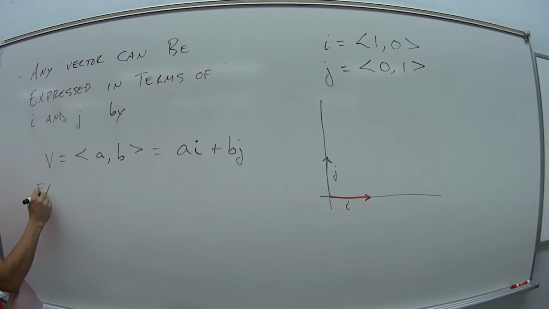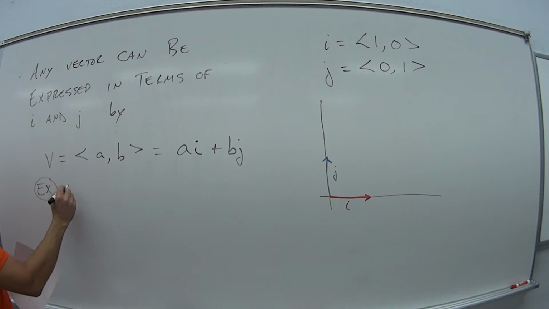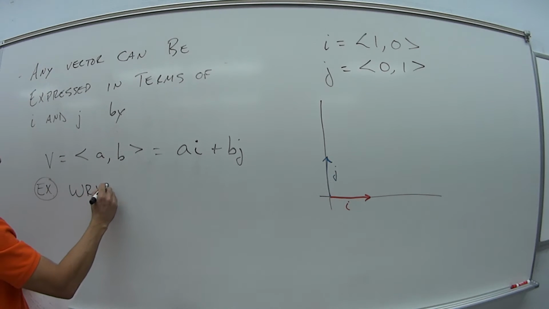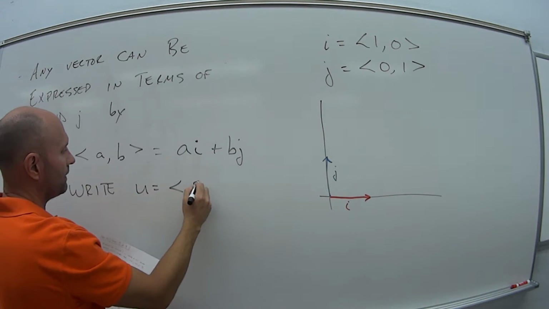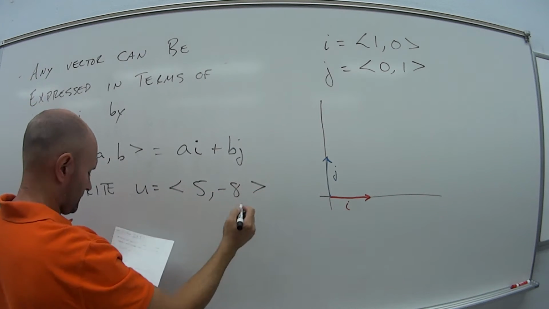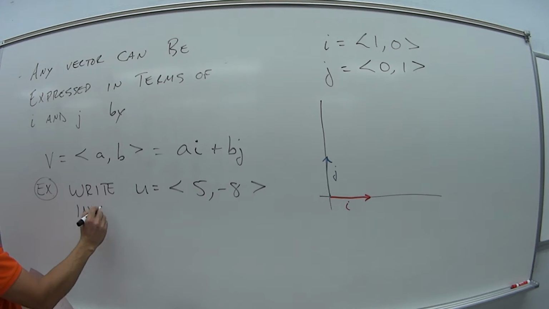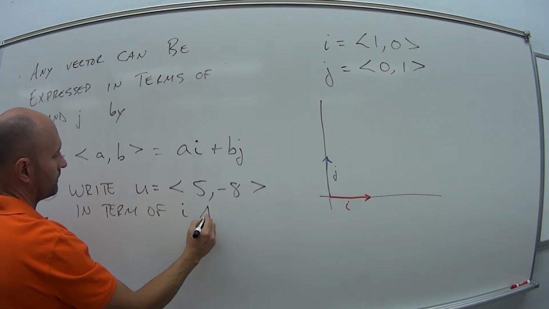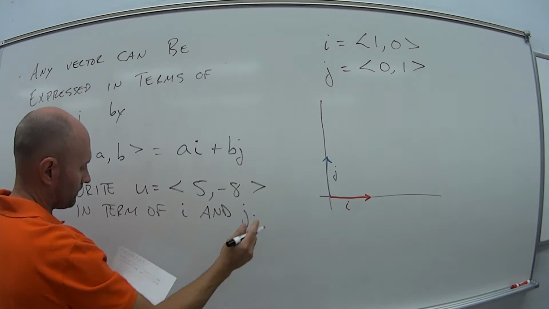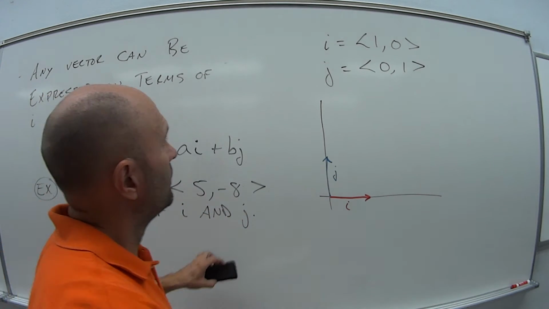So for example, if we want to write the vector u, which has components 5, negative 8, in terms of i and j, we would have the following.